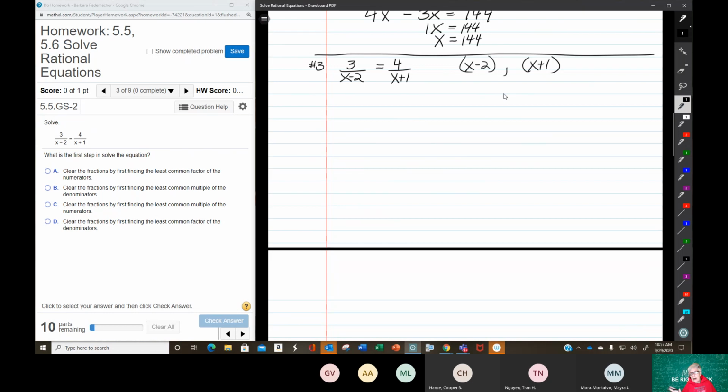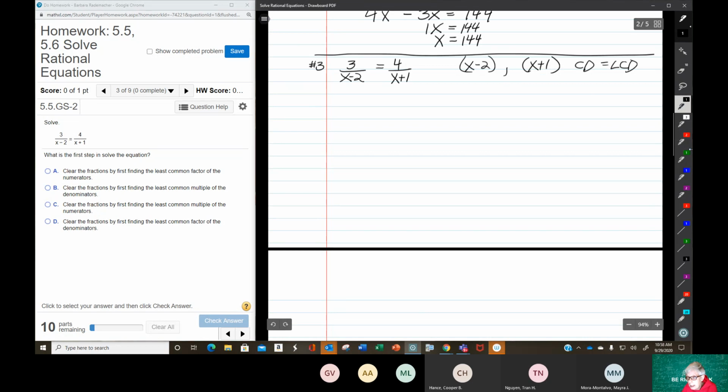Now, I'm not doing any of this partial fraction decomposition that a number of Algebra 2 students in high school are taught. Just basically, I can say in all truth, x minus 2 is not a factor of x plus 1, and x plus 1 is not a factor of x minus 2. So this is another case in which the CD, the common denominator, is going to equal the LCD, the lowest common denominator. So I'm going to multiply both terms by the LCD.